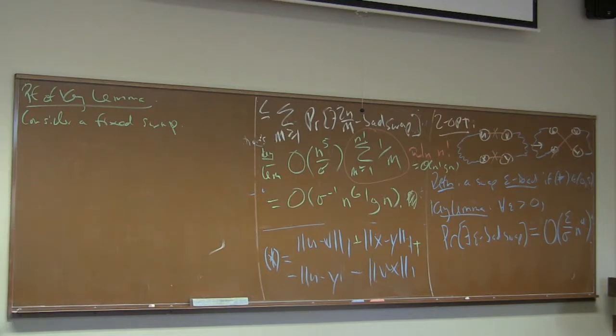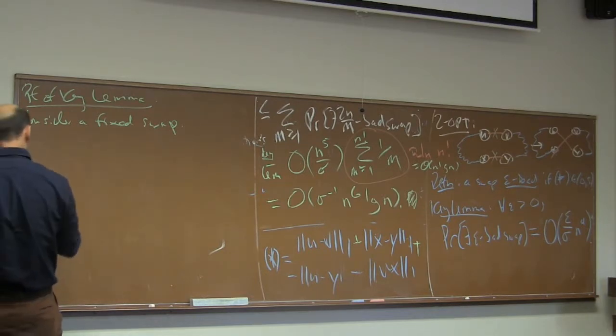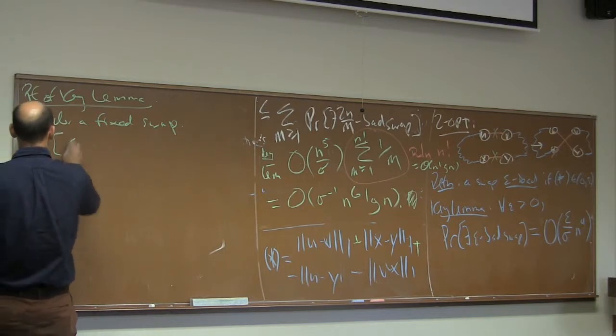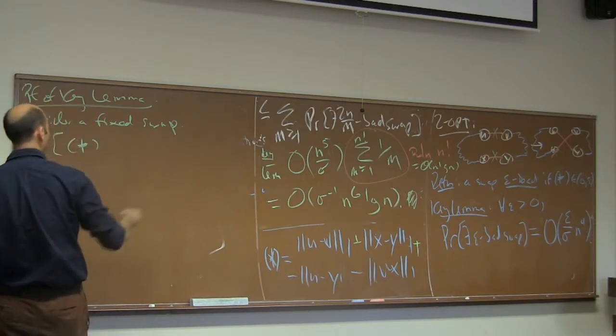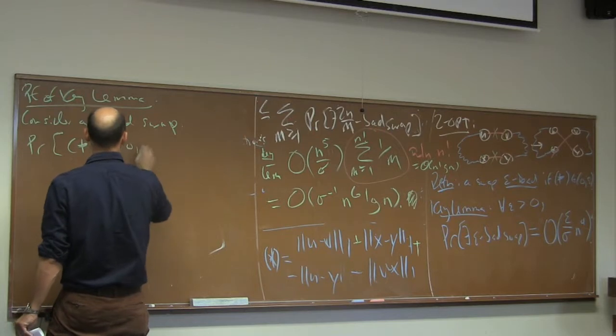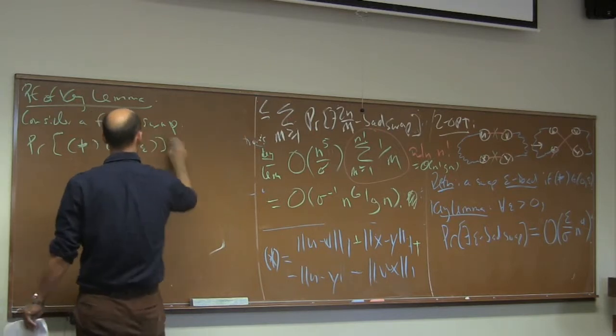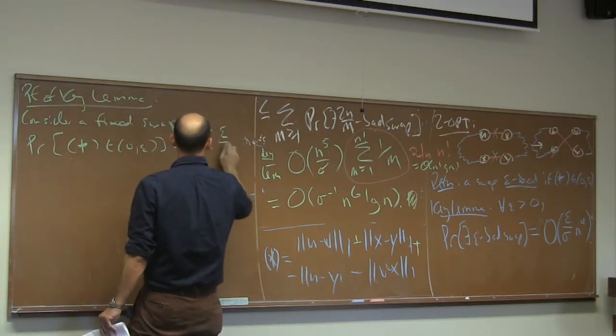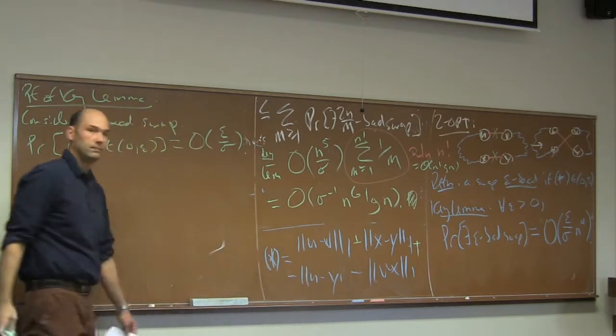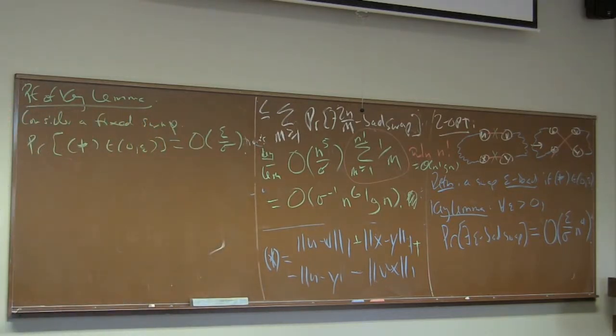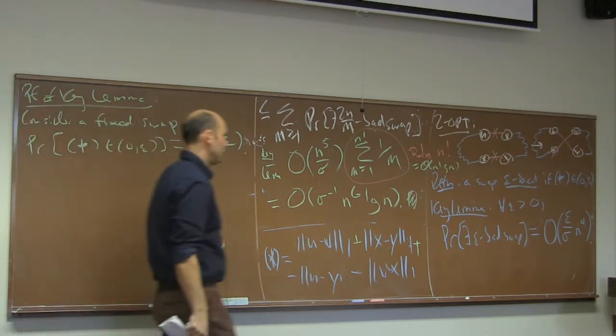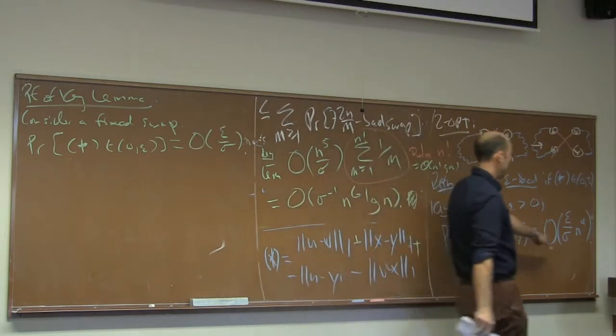So consider a fixed swap. We're going to show that the probability, for this fixed swap, that star is in [0, epsilon] is big O of epsilon over sigma. Having done this, we can apply the union bound over the n to the fourth different swaps, and that gives us the claimed bound.